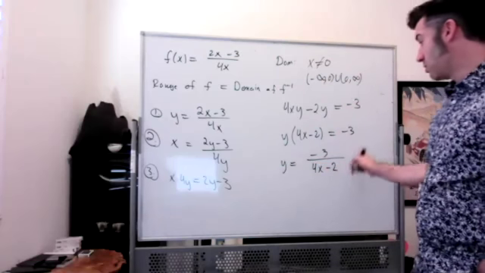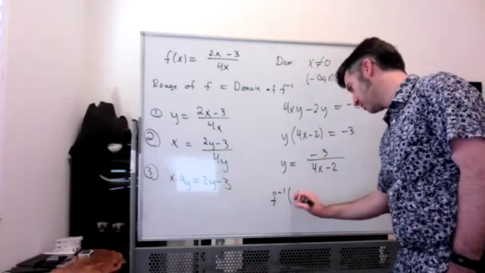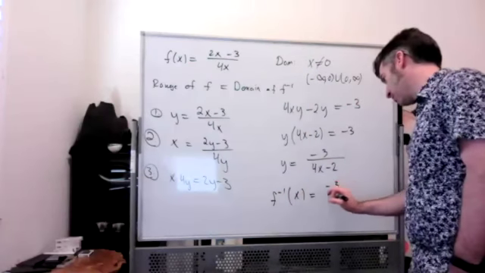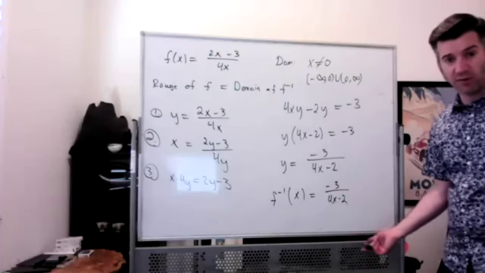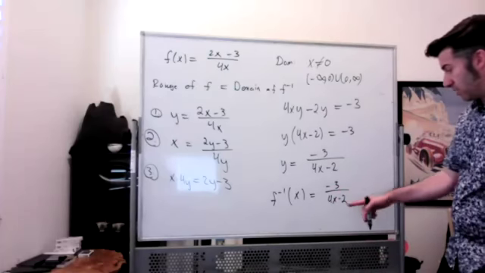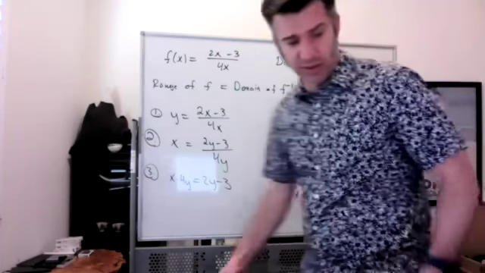So the inverse function is negative 3 over 4x minus 2. And the domain of this inverse function is, well, I can't have 4x minus 2 equal to 0.